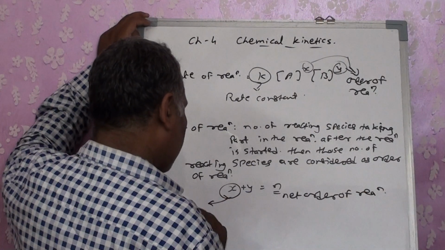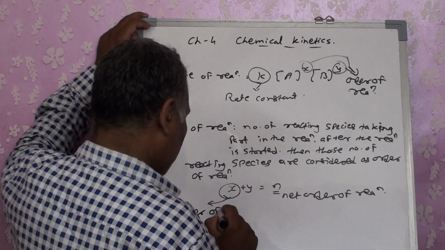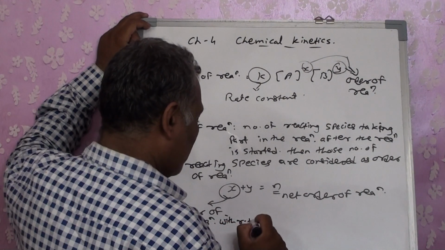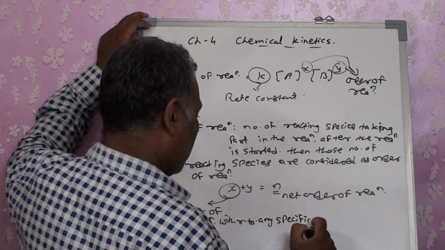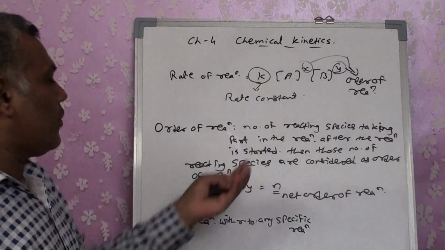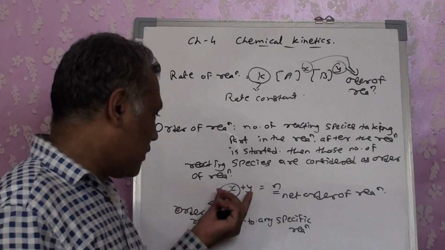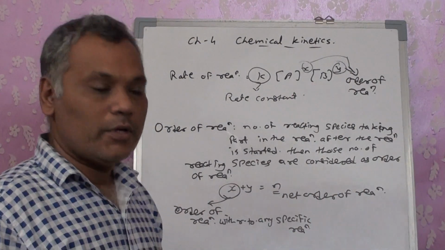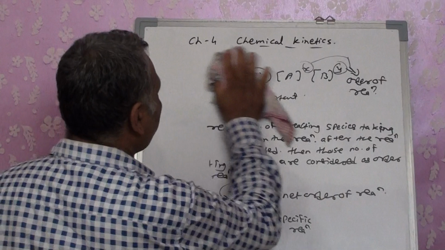Well, this is considered as the order of reaction with respect to any specific reactant, right? It's not necessary that there will be only two reactants. There can be 3, 4, 5, 6, whatever reactants there are. The sum of the orders is equal to the net order of reaction. Let's take an example so that we can understand it in more detail, right?